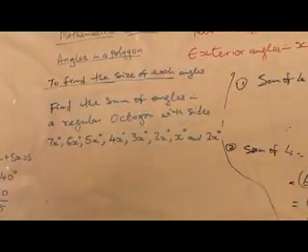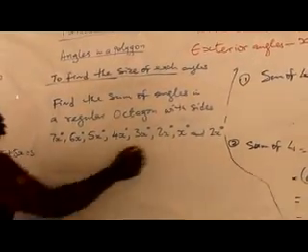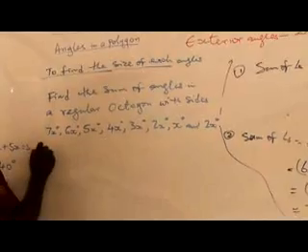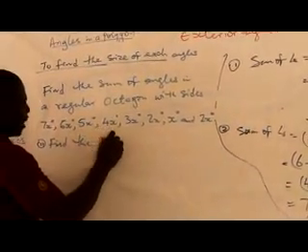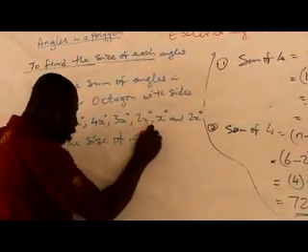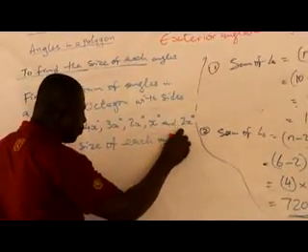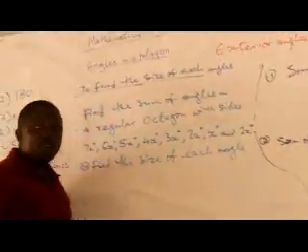Find the sum of angles in a regular polygon, full stop. Then the second question I say, find the size of each angle.